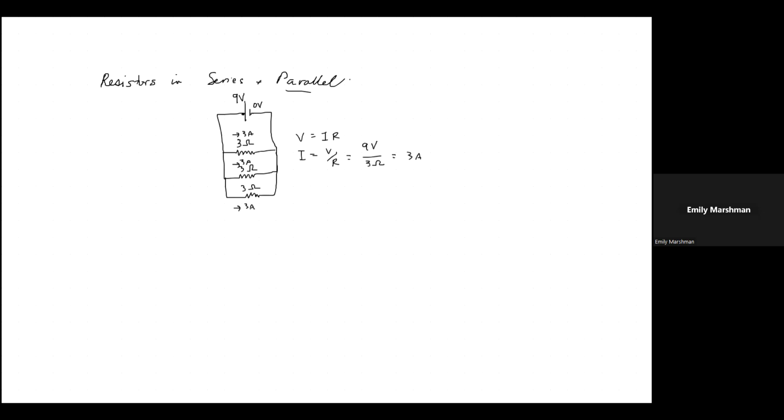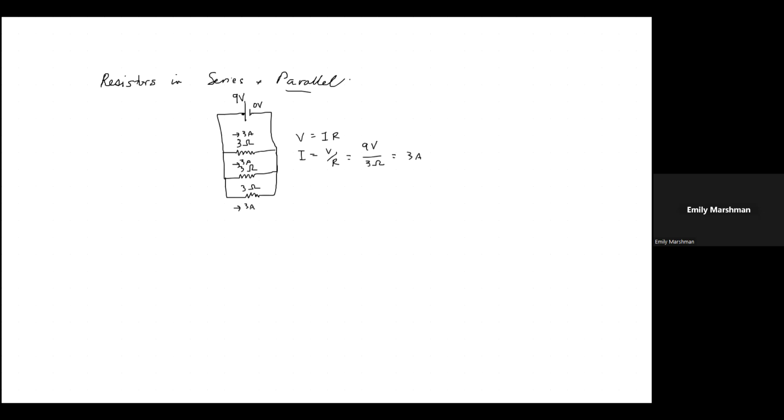The largest resistor would have the least amount of current, and the smallest resistor would have the most amount of current running through it. Current kind of always wants to follow the path of least resistance. So if it can find a path that has no resistance, all of it will go that way. But if there's a little bit of resistance, there will still be current running through there. But yeah, so each of these has 3 amps.